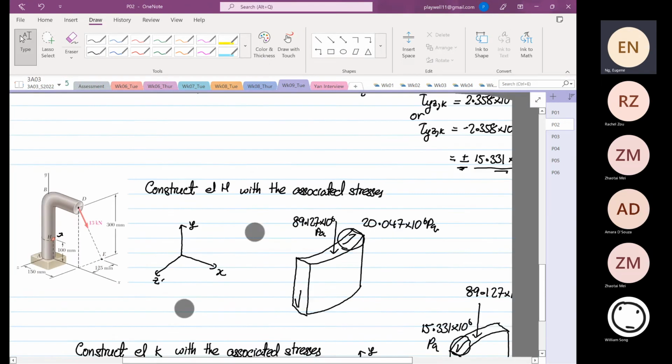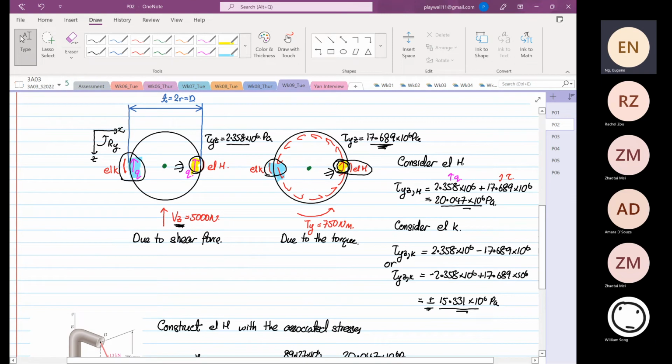Now element H is easy. The confusing part is element K. So element K over here, the shear stress induced by the torque, this one I'm circling with a bigger circle now, is 17.689. Now 17.689 is greater than 2.358, so 2.358 is going in the opposite direction compared to 17.689.